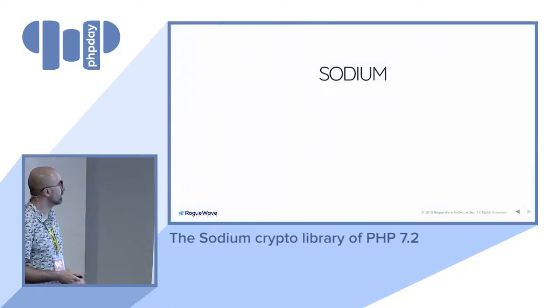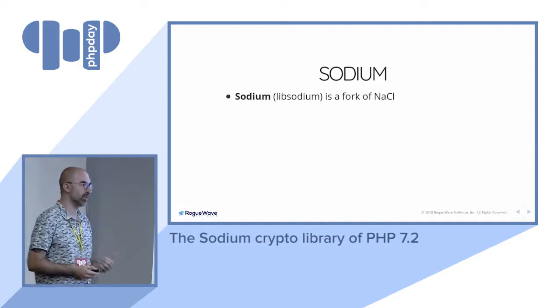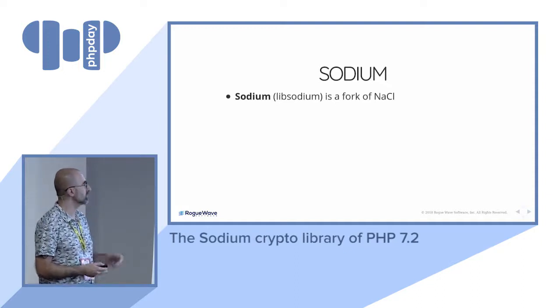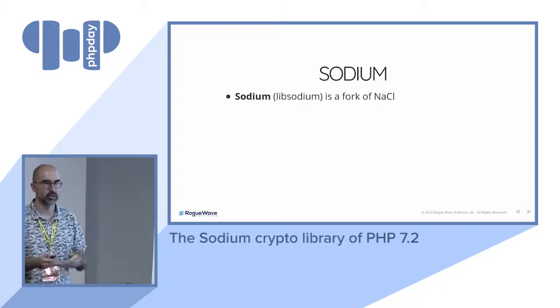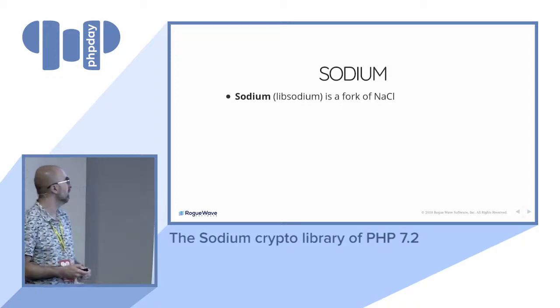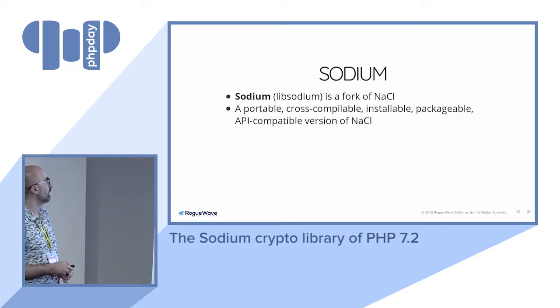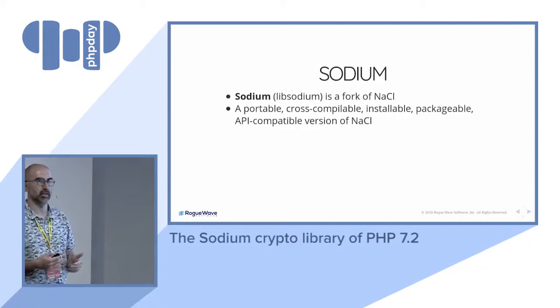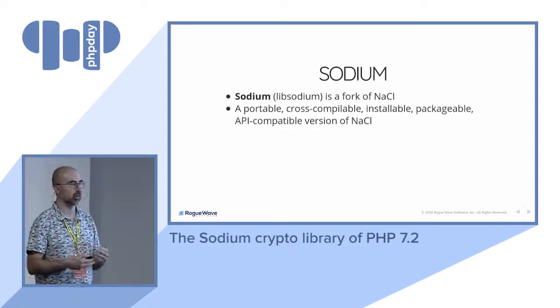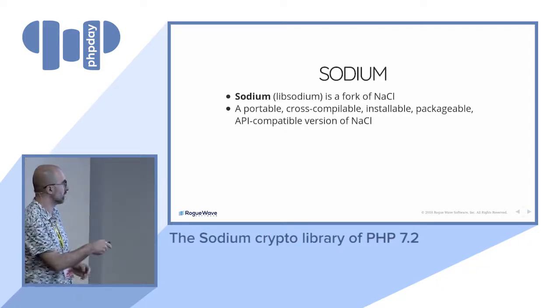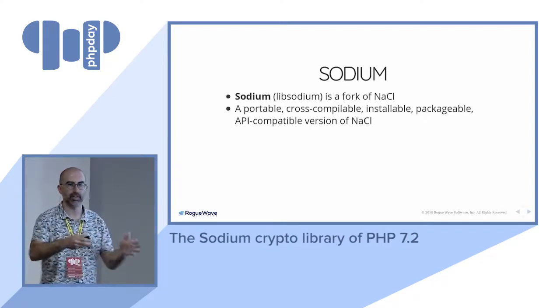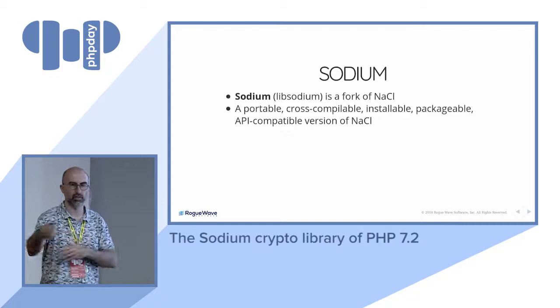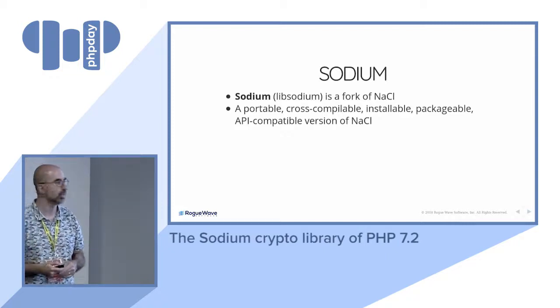So Sodium is basically a fork of the NaCl library. It's libsodium. So if you are on Linux, it's the libsodium library. It's a fork because they try to simplify the API and especially the cross-compilation. NaCl was difficult to port to different platforms, so Windows, Linux, macOS, whatever.